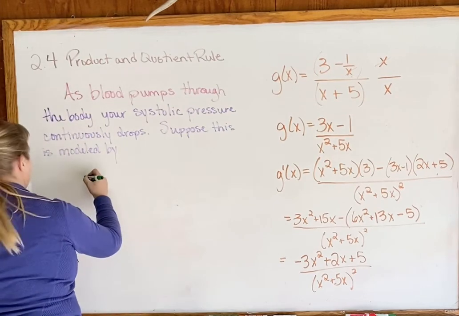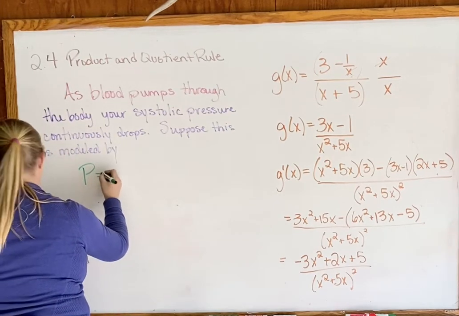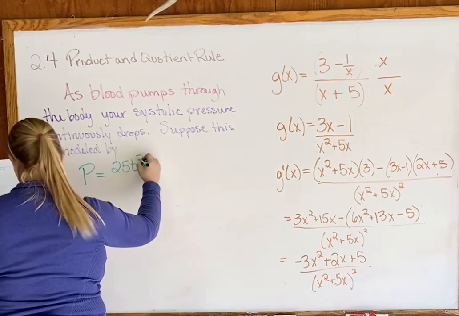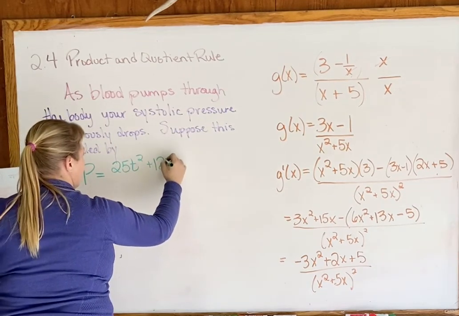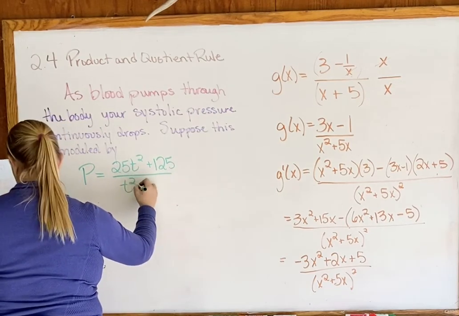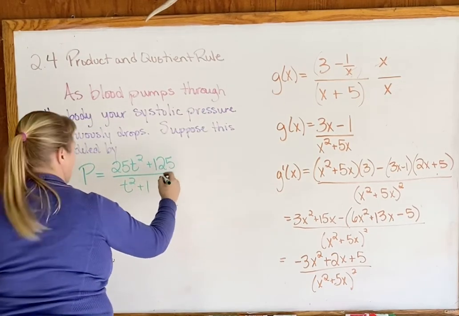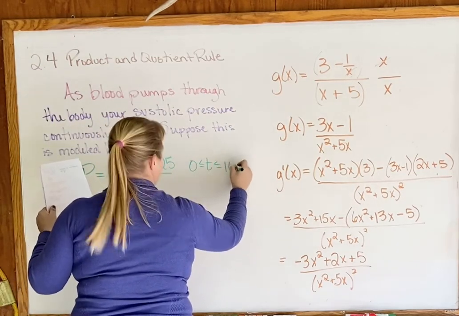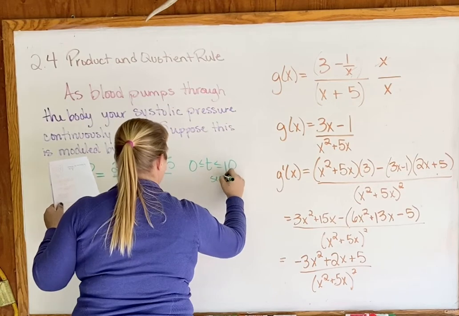So this is modeled by P equals 25t squared plus 125 all over t squared plus 1, where t is between 0 and 10 in seconds.